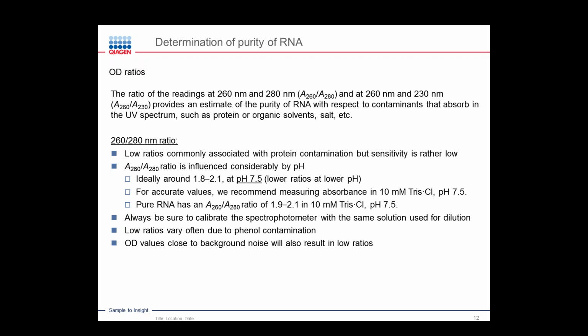Because of this, even for relatively high concentrations of protein, the protein contributes relatively little to the 260 and 280 absorbance, so protein contamination cannot be reliably assessed with a 260/280 ratio. This also means that it contributes little error to DNA quantitation estimation. Another important source for varying 260/280 ratios are phenol contaminations.